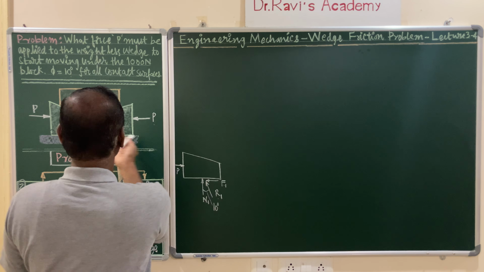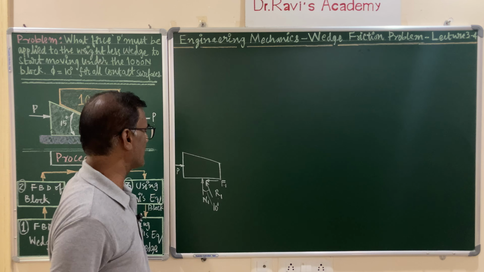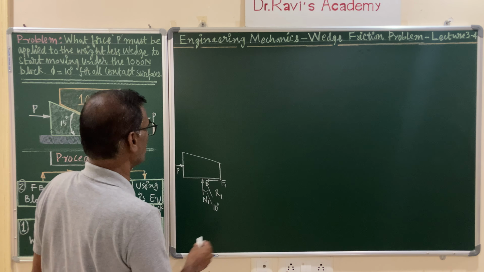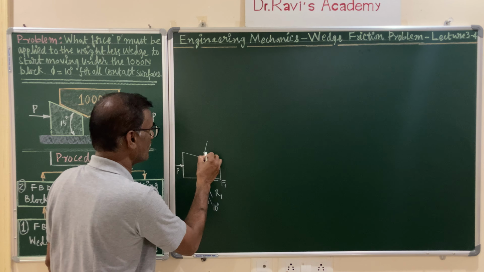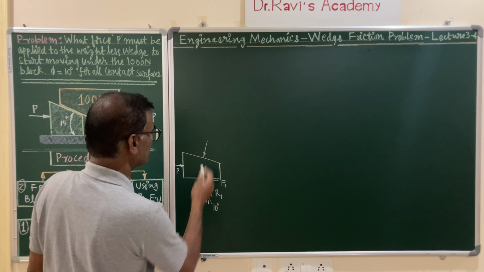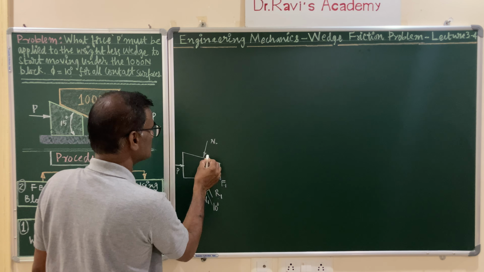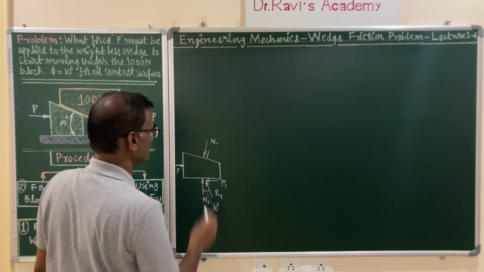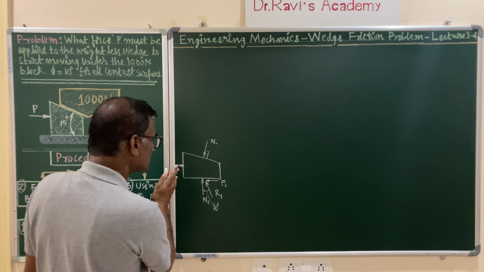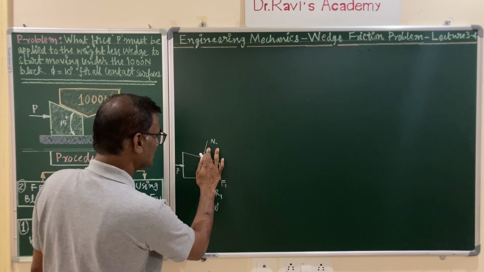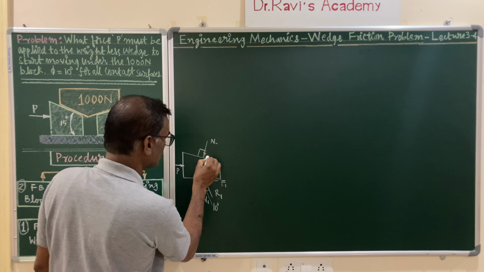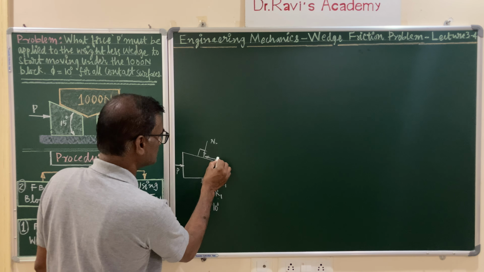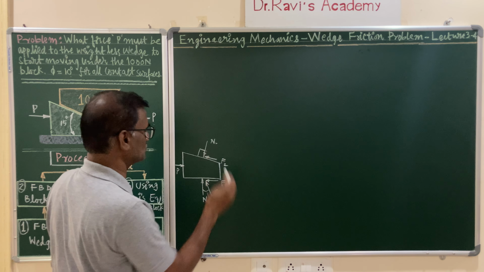So the bottom contact surface, you have drawn the free body diagram, and it is in contact with the block also. The reactive force exerted by the block, let us call it N2. So this is at an angle of 90 degrees, remember that. And this is tending to move to the right, and you can incorporate the frictional force opposite to this, you can call it F2.